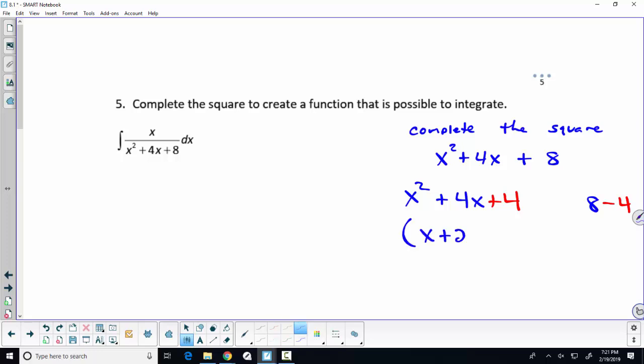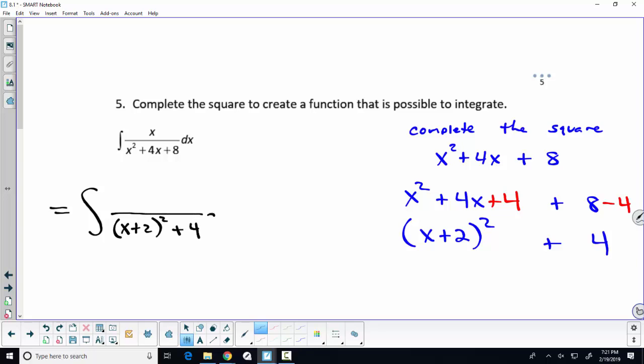This is now x plus 2 quantity squared, and that's positive 4. Okay, so that's completed the square in the denominator.